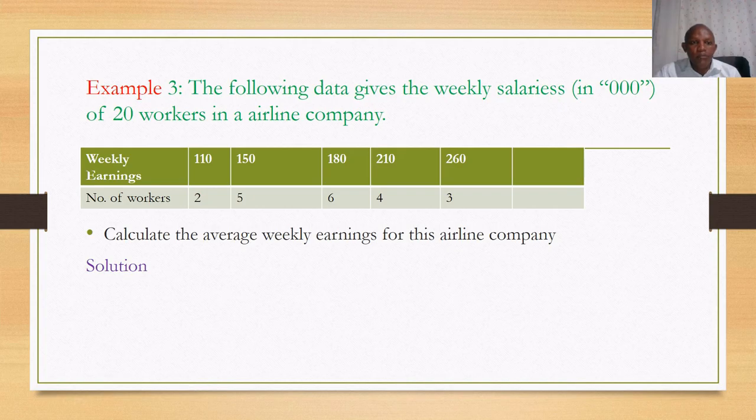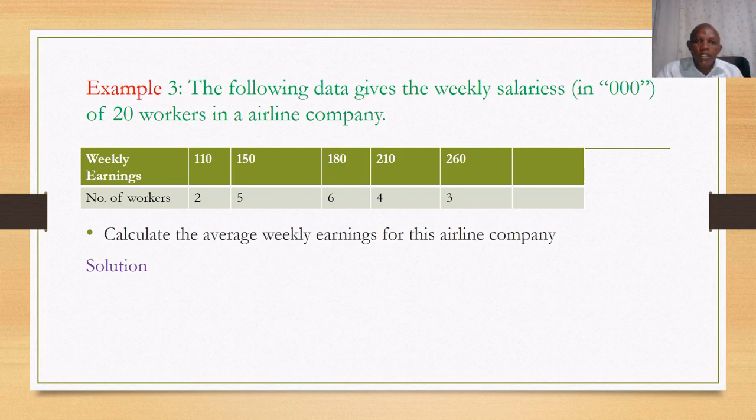Then you can also use the other method, the assumed mean method, to calculate. So you have a question there, and I'm sure you can compute this using whichever method you're going to use.